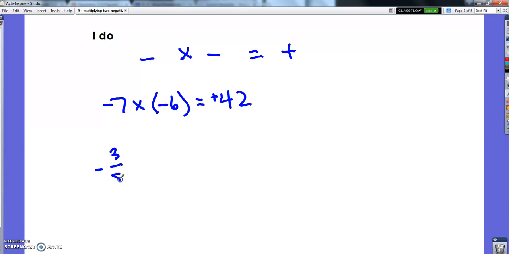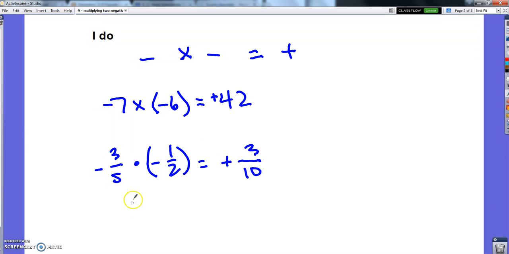Negative 3/5 times negative 1/2. They're both negative, so my answer is going to be positive. I have a negative number times a negative number. Gives me a positive product. And I can just use my fraction algorithm to do that. 3 times 1 is 3. 5 times 2 is 10.